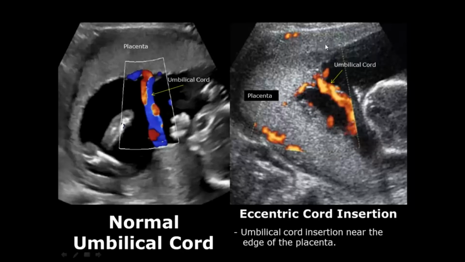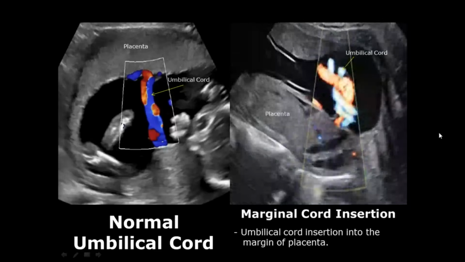Here is the placental edge and it is entering near the placental edge. In marginal cord insertion, the umbilical cord enters the placenta at its margin or the placental edge instead of the center, and the eccentric cord insertion will be over here.